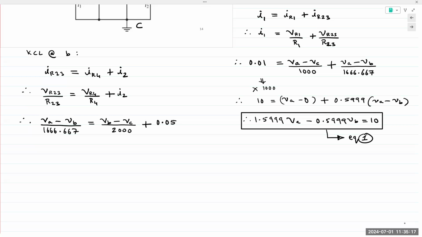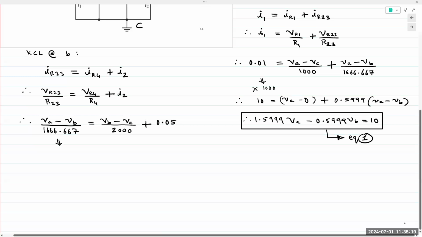You solve this. I'm going to multiply this with 2000.